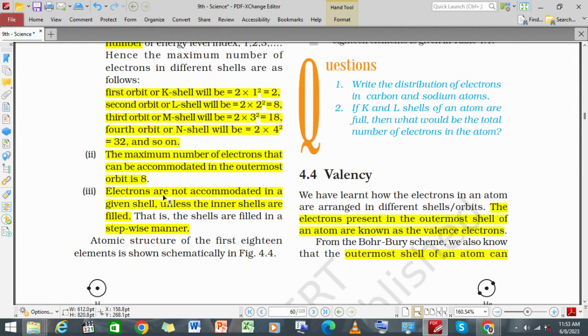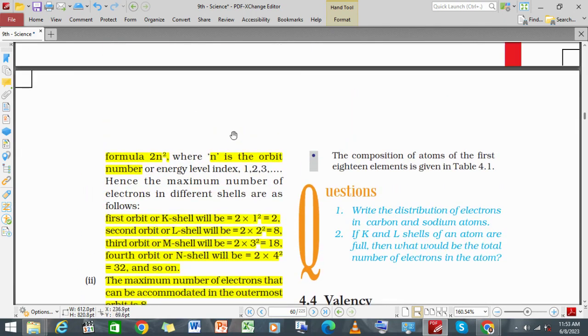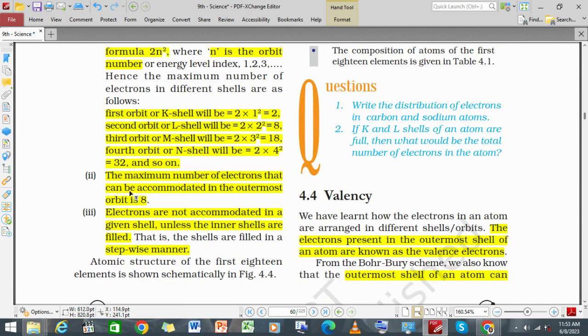Electrons are not accommodated in a given shell unless the inner shells are filled. That means if the inner shell from the nucleus side is not filled, the outer shells won't be occupied. Otherwise the electron revolving closer to the nucleus would radiate energy and fall into the nucleus, making the atom unstable.